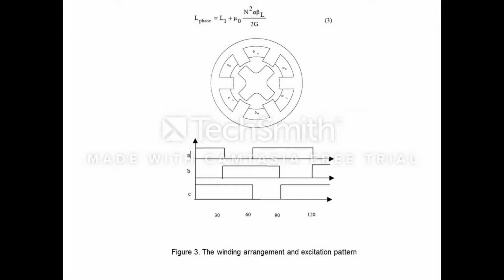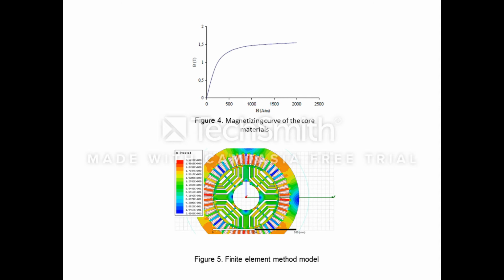The finite element method models of SRM and MCSRM have been built to predict the performance by using ANSYS. Material properties defined as BH magnetizing curve are shown in Fig. 4.